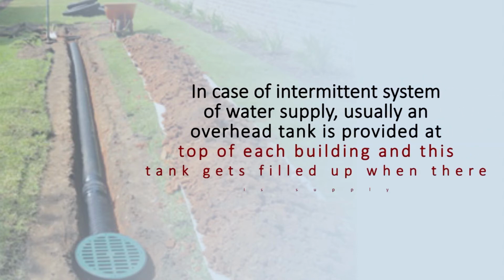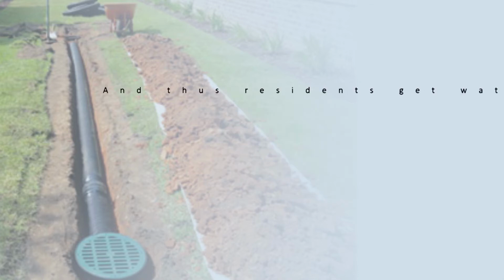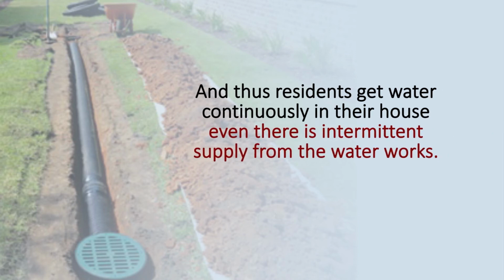In case of the intermittent system of water supply, usually an overhead tank is provided at the top of each building, and this tank gets filled up when there is supply, and thus residents get water continuously in their house even though there is intermittent supply from the water works.